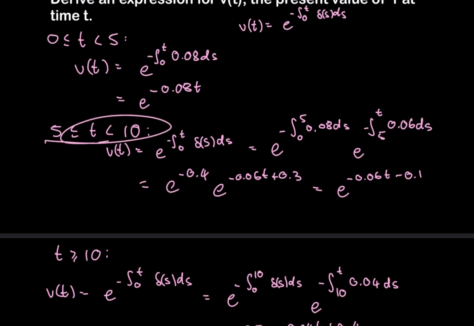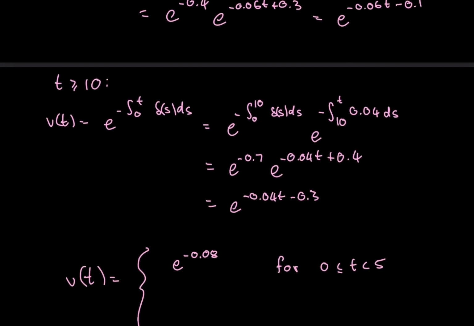And then between 5 and 10, we have e to the negative 0.06t minus 0.1, and that is for 5 less than or equal to t less than 10.